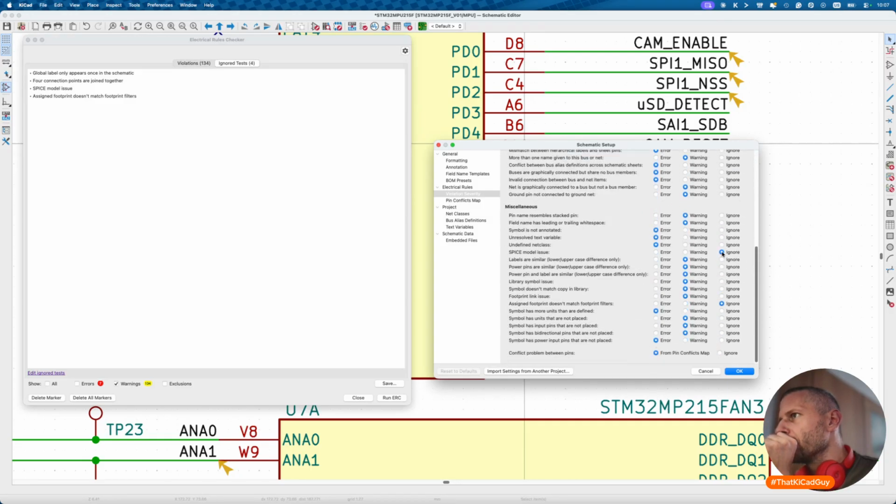And spice issue and assigned footprint doesn't match footprint filters. I don't know what footprint filters are.